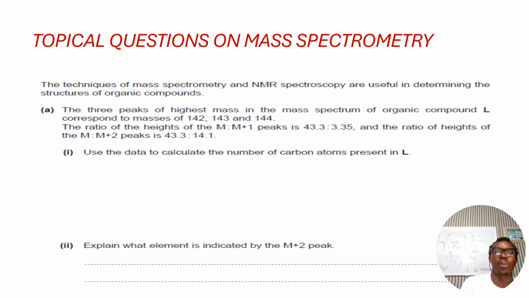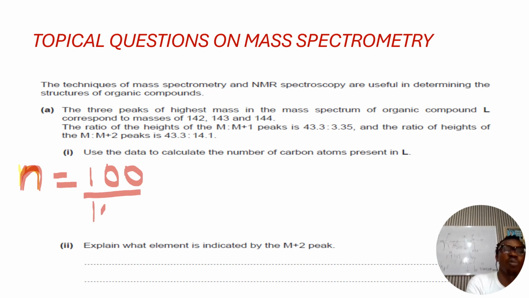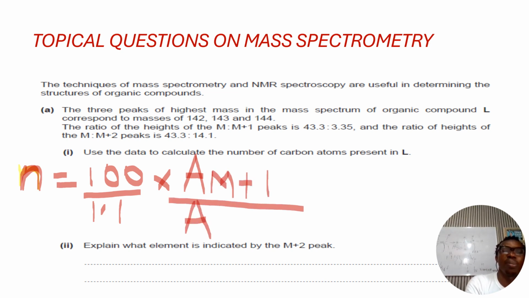The number of carbon atoms N is equal to 100 divided by 1.1, multiplied by the abundance of the molecular ion plus 1 peak divided by the abundance of the molecular ion.